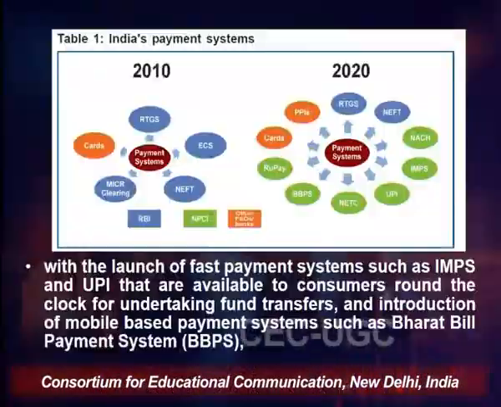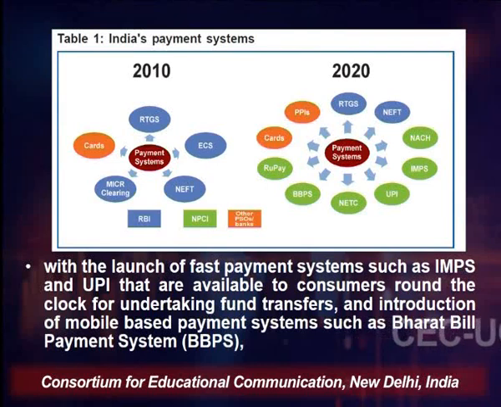If we look at the journey of India's payment systems, since 2010 there were very few instruments available, like just NEFT, RTGS, some cards, and MICR transactions used to happen.